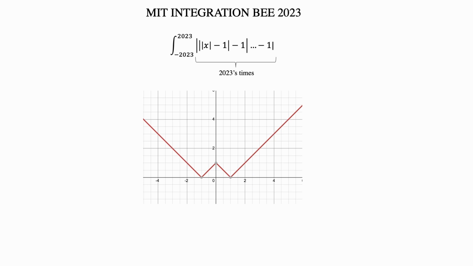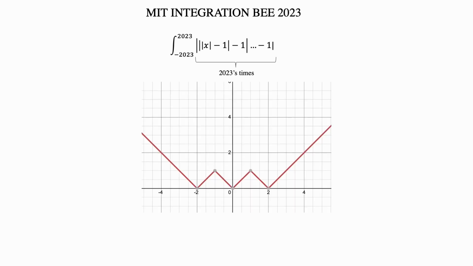And when you do it again for the next -1, you're going to get these two triangles. So now you're getting the pattern, right? You're just finding these triangles. So when you do it 2023 times, you're going to get these 2023 triangles.